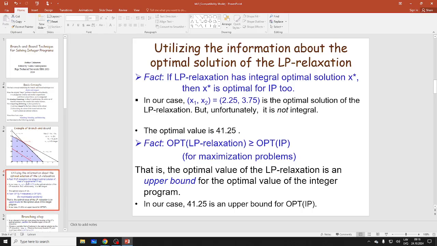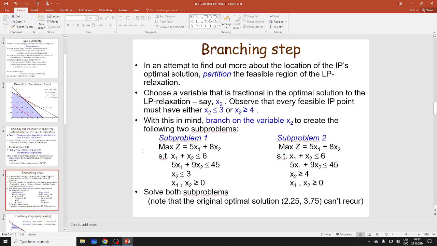Okay, so far so good. Then there's the branching step. We partition the problem into possible solutions. We branch on some particular variable. It could be x2, x1, x5, but we only have 2 variables here.